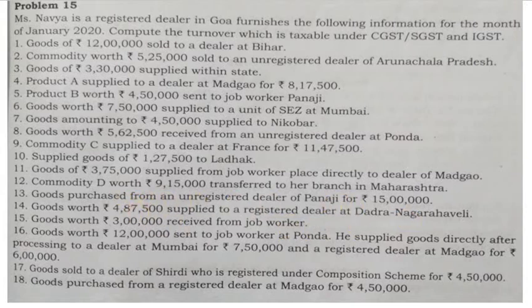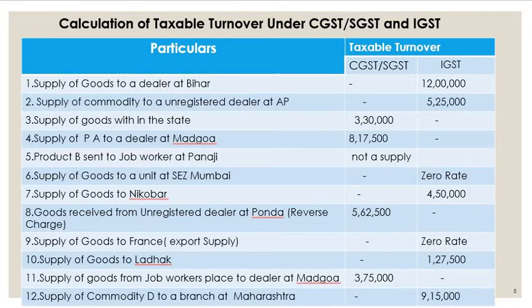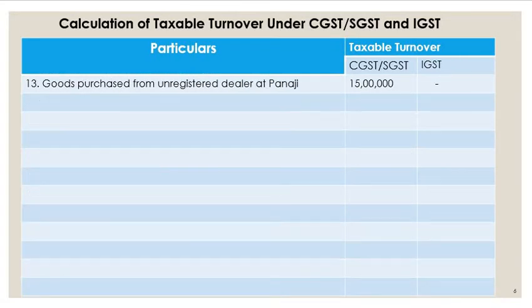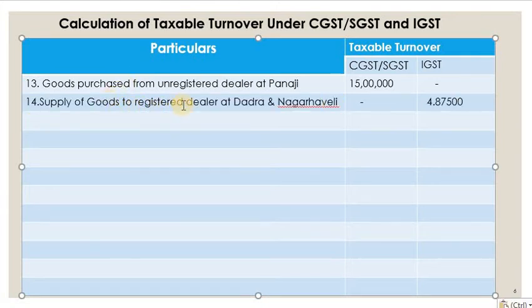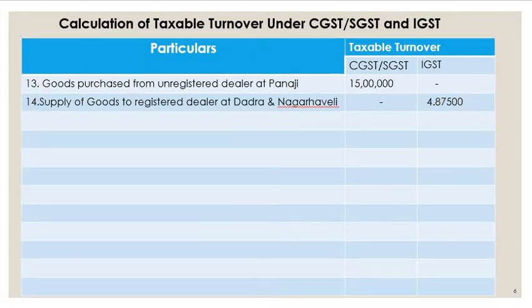Let's write the sale value here: supply of goods to registered dealer at Dadra and Nagar Haveli. Here it is nil. Then under the IGST column it is 4,87,500 since it is an interstate transaction.